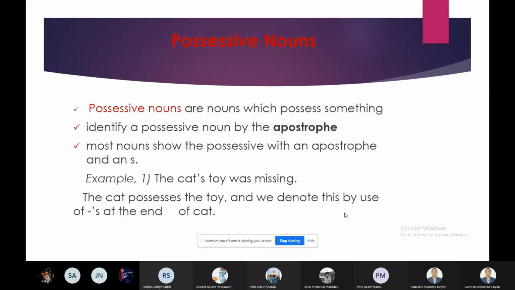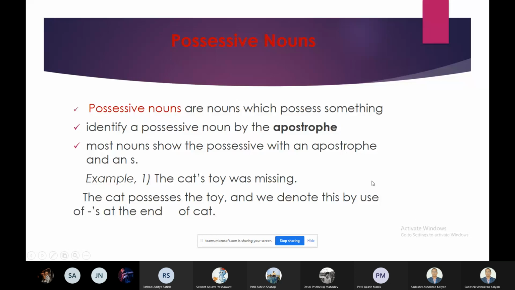That's why we use various kinds of apostrophes in our conversation, because this thing belongs to you, the things that you possess. So that's why it is considered a possessive noun. Most of the nouns in the context of English grammar can be possessive nouns. The easiest way to understand the possessive noun is whenever we are using the apostrophe.